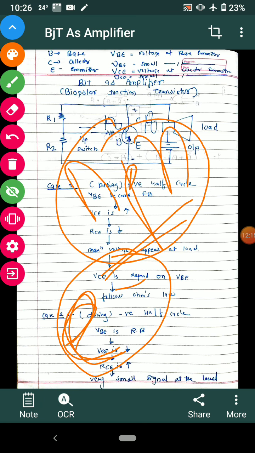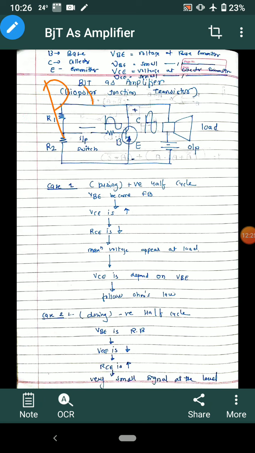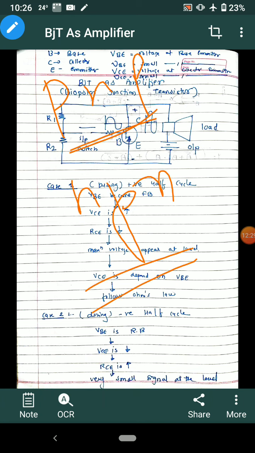This is important information in many technical interviews. Many interviewers ask what the difference between PNP and NPN transistor is. You can consider that N means electron and P means holes. In PNP, electrons are minority, and in NPN electrons are majority.